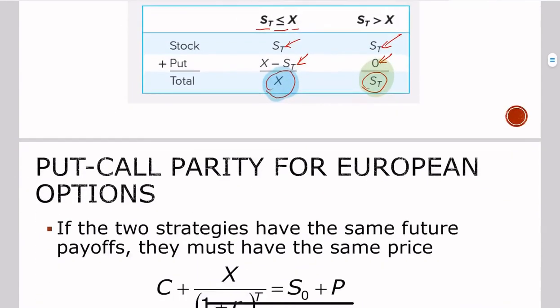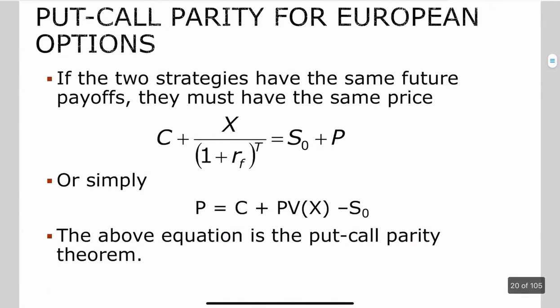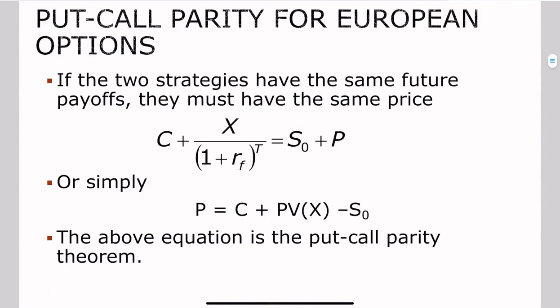So this is exactly the put-call parity theorem. This formula basically says the present value of the call plus bond equals the present value of the stock plus the put option.